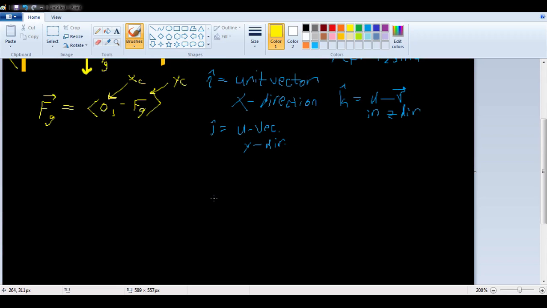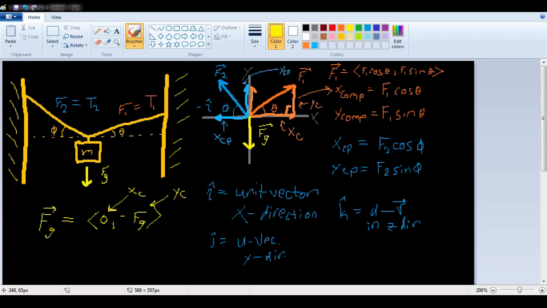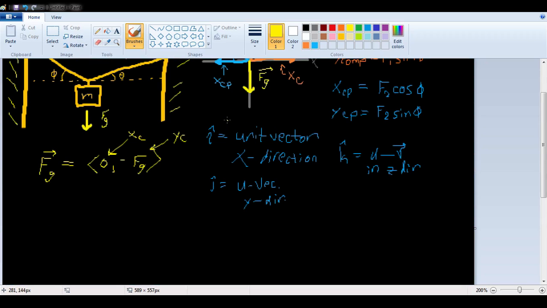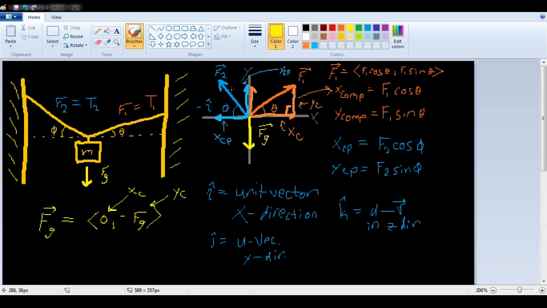But I digress. So we can add components along each of these coordinates. So we're going to get two equations, one for the x direction and one in the y direction.